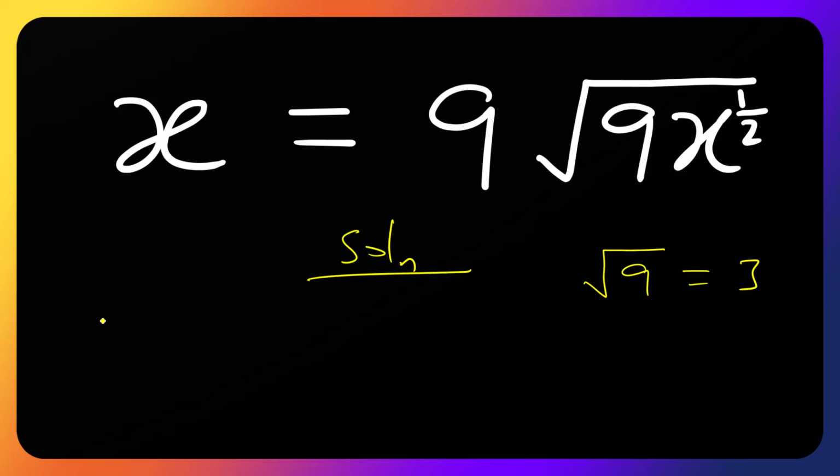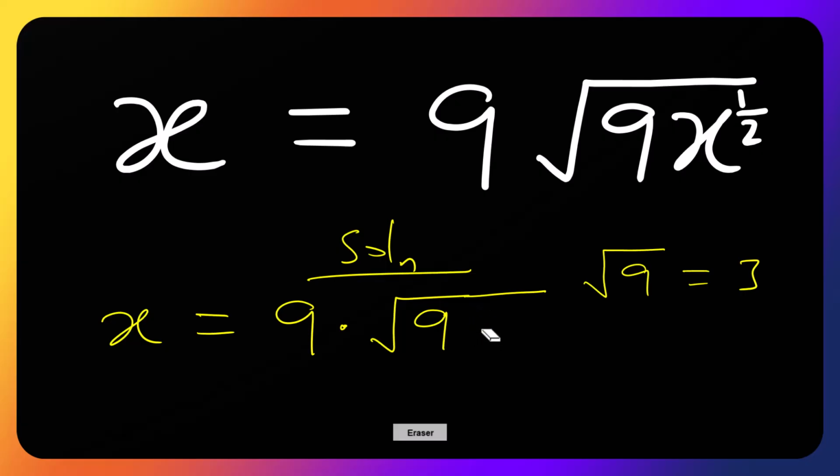So I can say x equals 9 times, so we can write this one as the square root of 9 times the square root of x raised to the half.